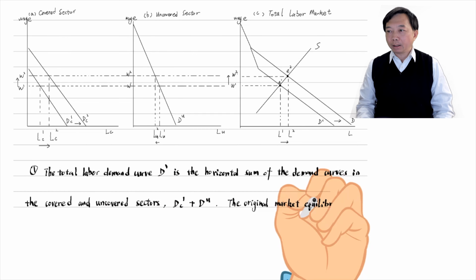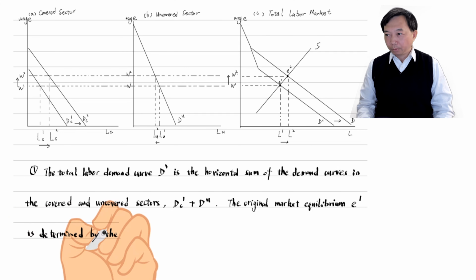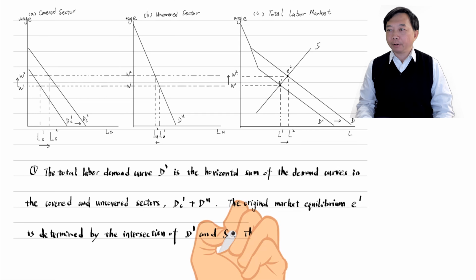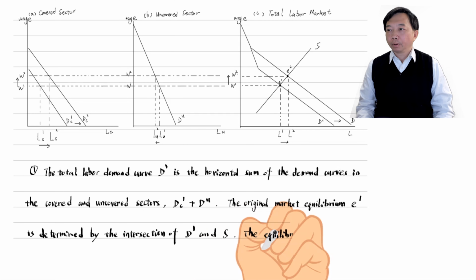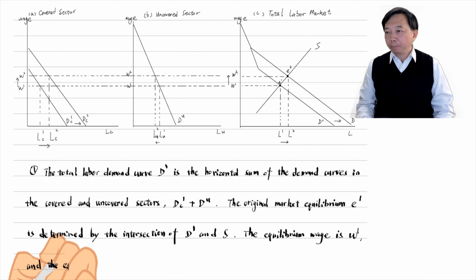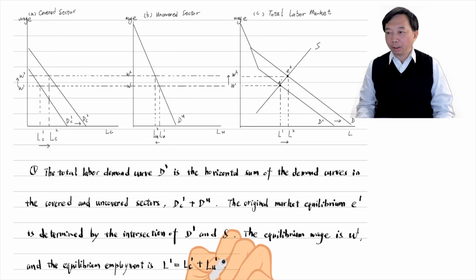The original market equilibrium E1 is determined by the intersection of the total demand curve D1 and the total supply curve S. The equilibrium wage is W1, and the equilibrium total employment is L1. It is the sum of the employment in the covered sector, LC1, and the employment in the uncovered sector, LU1.